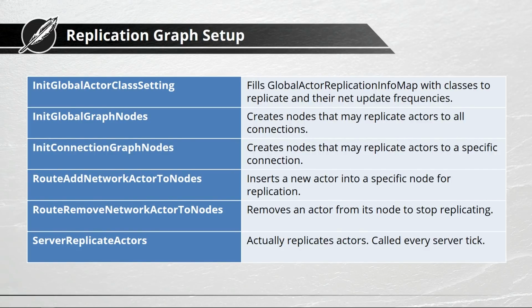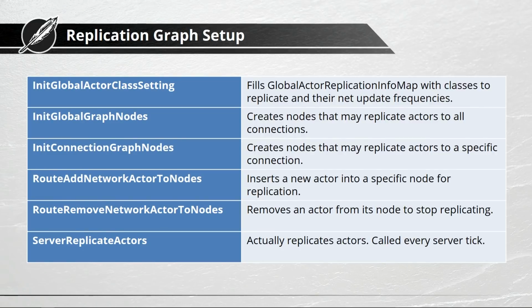Then there's InitGlobalGraphNodes. This one is responsible for setting up the graph nodes that are globally responsible for replicating actors to any connection. Think game state, for instance, or other objects that are pretty much always relevant to pretty much everybody. Then there's InitConnectionGraphNodes.